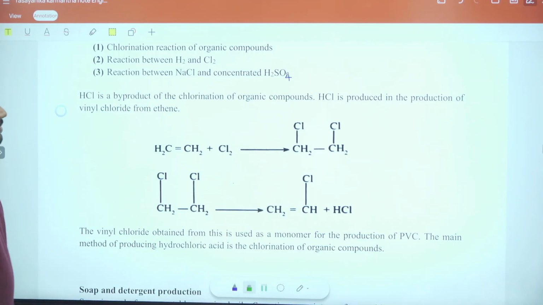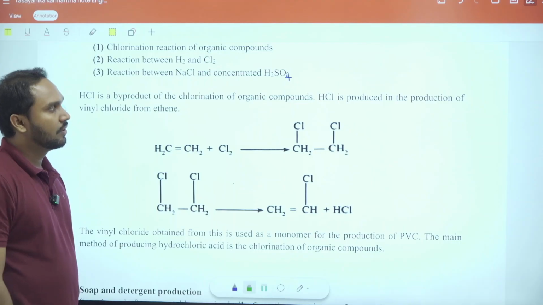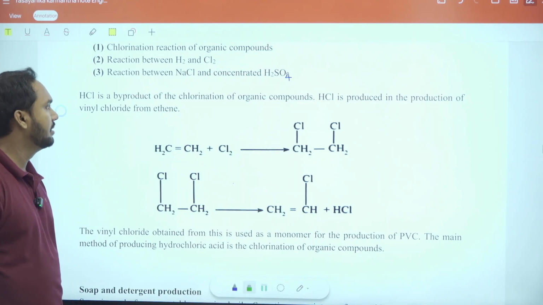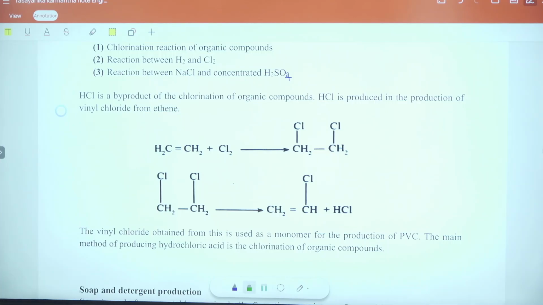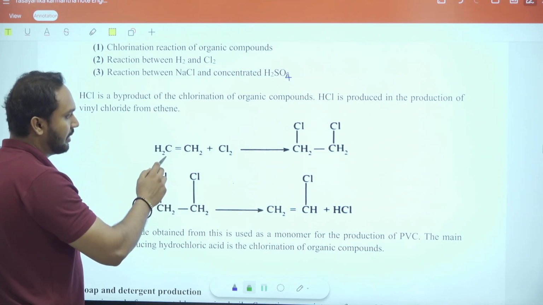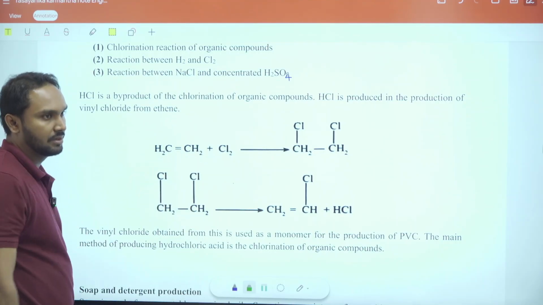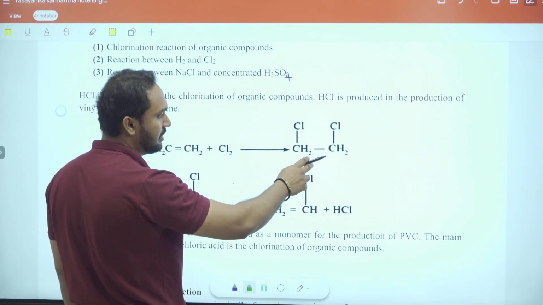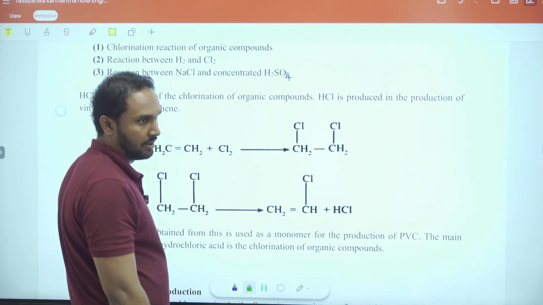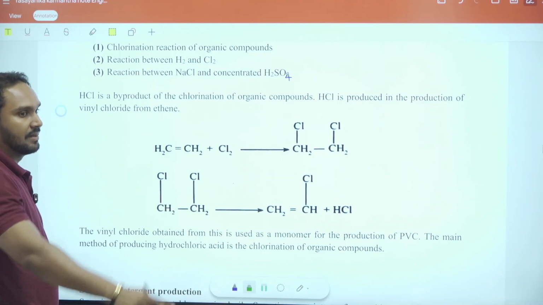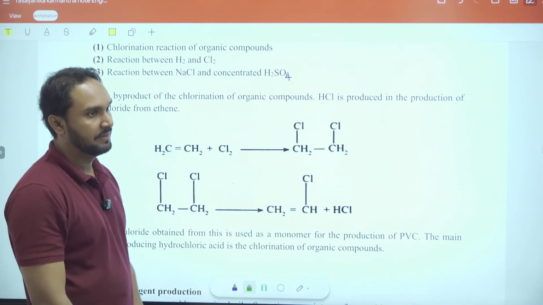HCl is a byproduct of the chlorination of organic compounds. HCl is produced in the production of vinyl chloride from ethene. Vinyl chloride is produced using ethene, by reacting ethene with chlorine gas. Vinyl chloride is the monomer of PVC, polyvinyl chloride.